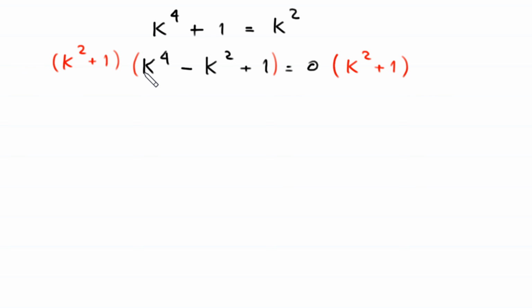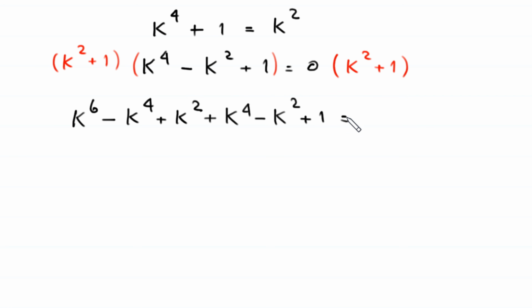K squared times k to the power 4 will become k to the power 6, and k squared times negative k squared will become negative k to the power 4, and k squared times 1 will become plus k squared. 1 times k to the power 4 is plus k to the power 4, and 1 times negative k squared is negative k squared, and 1 times 1 is plus 1, equal to 0 times this expression, which is 0.